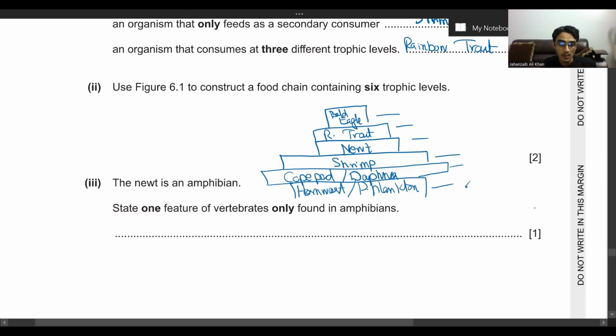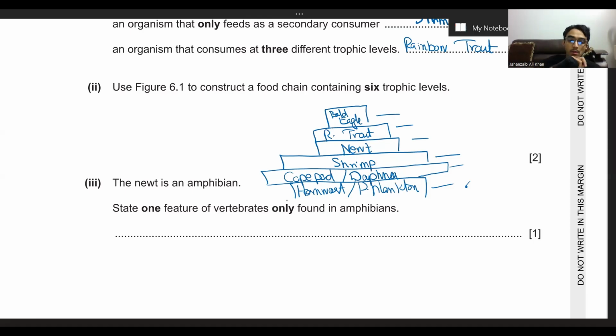Done. State one feature of vertebrates found only in amphibians. Okay. So in vertebrates, we've got mammals, reptiles, fish, avians, the birds, and amphibians.